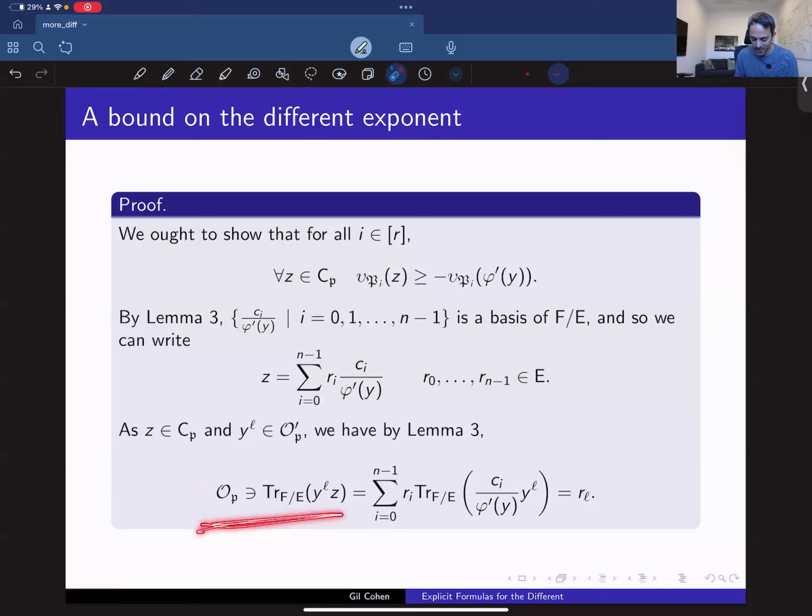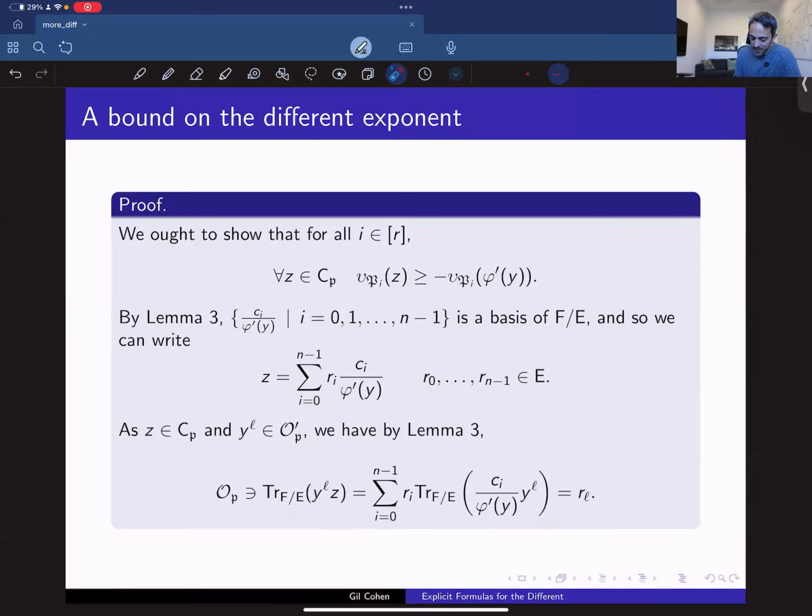So on one hand, you know that. And on the other hand, you can expand Z according to that and take the sum outside of the trace, and also the Ri's. You slide them through the trace because the Ri's are in E, and this is a trace of F over E, just identity on E. And so you get that this expression is just this sum.